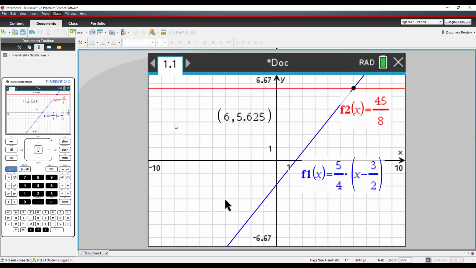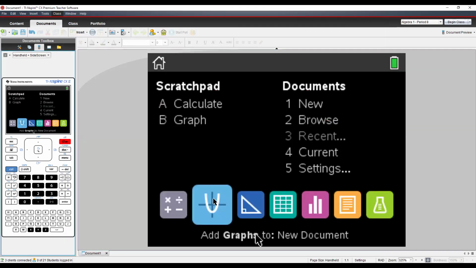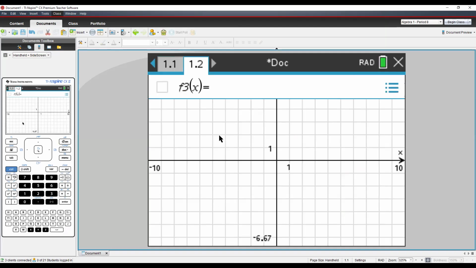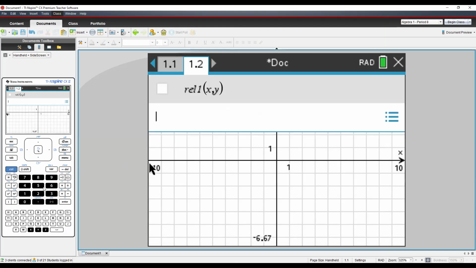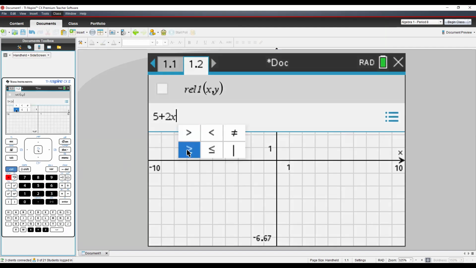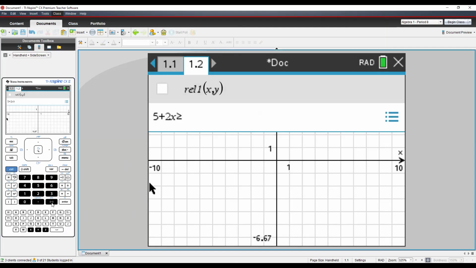I'm going to do this as a relation, and I'm going to put in 5 plus 2x is greater than or equal to, which is this one, -1. And then I'm going to graph it.